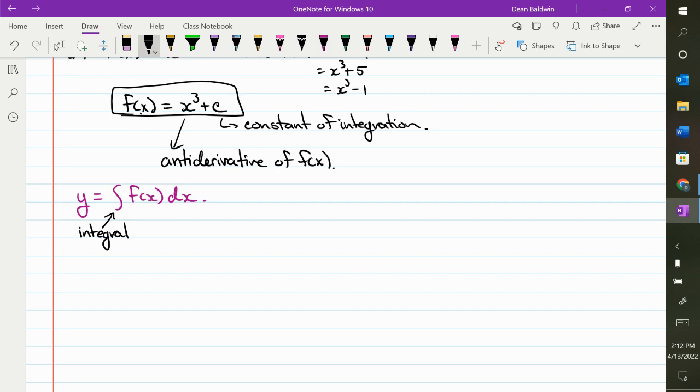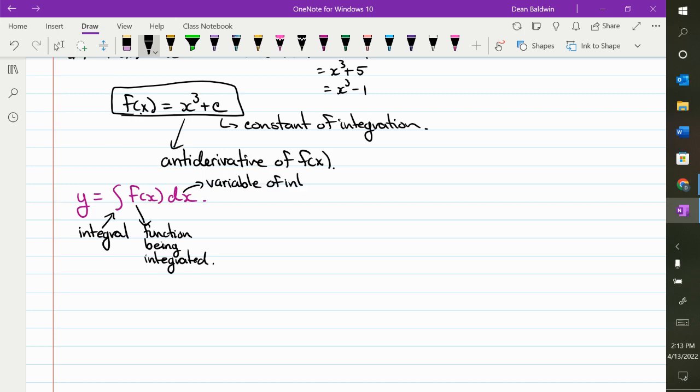F of x, the function inside, is the function being integrated. dx is the variable of integration.